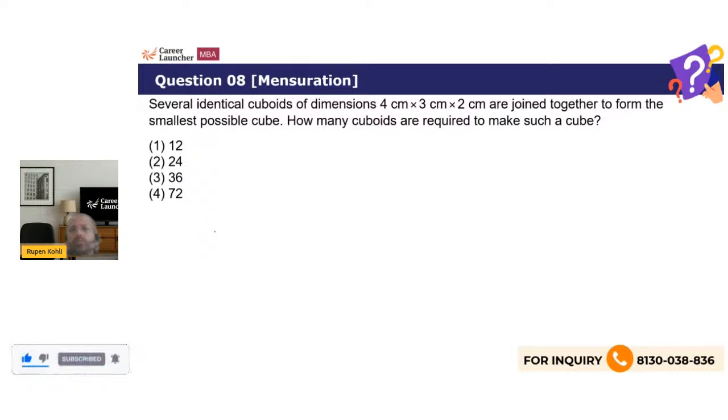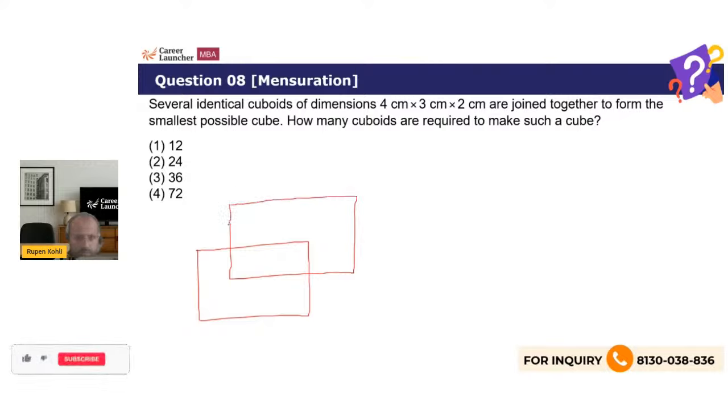A cube is having all the three sides of the same length, right? So a cube has all the three sides equal. So this length, breadth, height, each of them, let's say this is the length that you have. Obviously these cuboids will be stacked together.